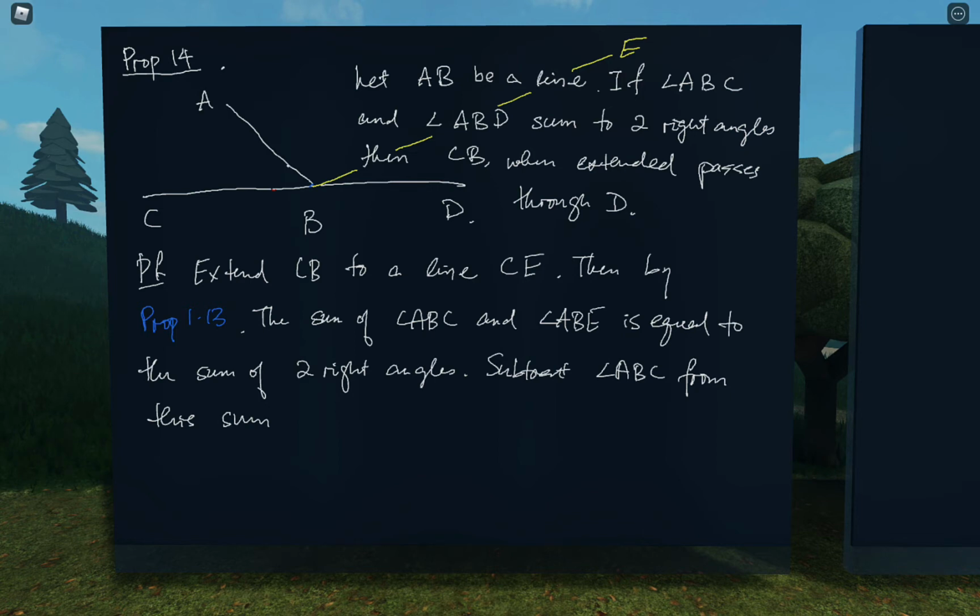Let me just write what it is. We're going to subtract ABC from this sum, and the sum is ABC plus ABE, right? And we're also going to subtract it from the sum ABC and ABD.